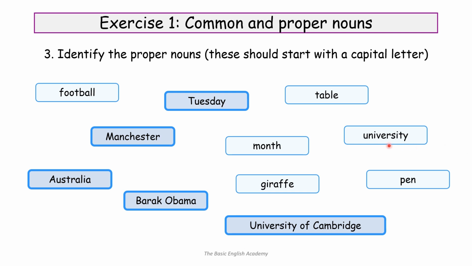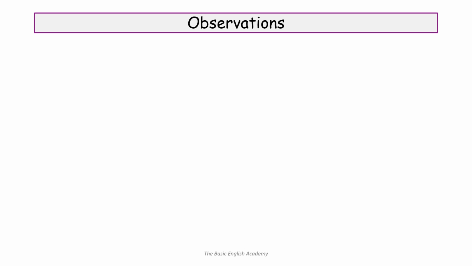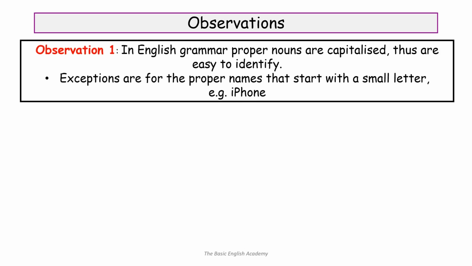Can you notice over here that university on its own is a common noun, but University of Cambridge is a proper noun because this is the name of a specific university. Now for some observations. In English grammar, proper nouns are capitalized, thus they are easier to identify.